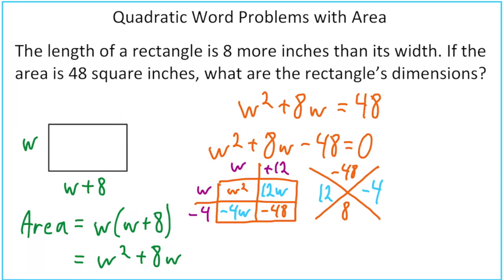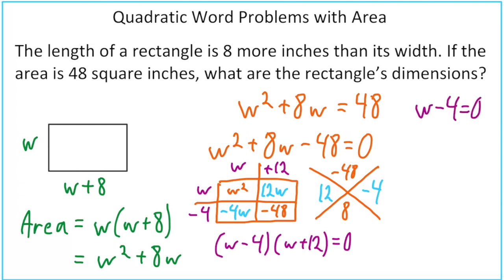Now we can write our factors, and they are equal to 0. To solve this, we're going to use the zero product property. That means we would set W minus 4 equal to 0, and also W plus 12 is equal to 0. Move these to the opposite sides to get our two answers: W equals 4, and W equals negative 12.